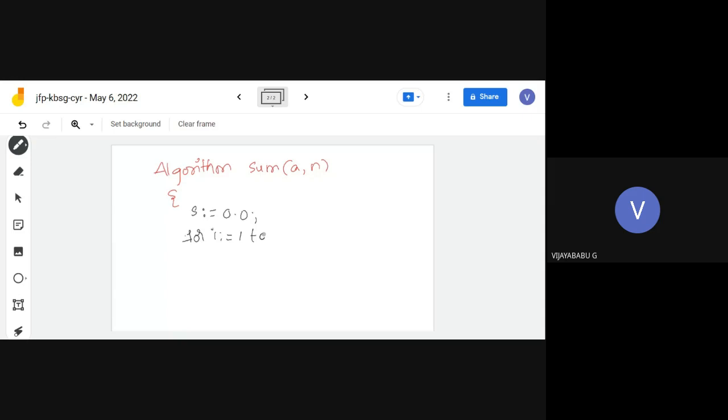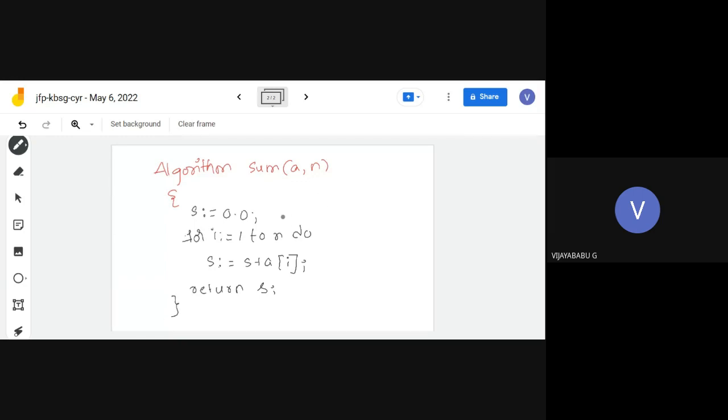For i is equal to 1 to n, do s is equal to s plus a[i]. Return sum, or return s, whatever it is. So this is the simple algorithm.